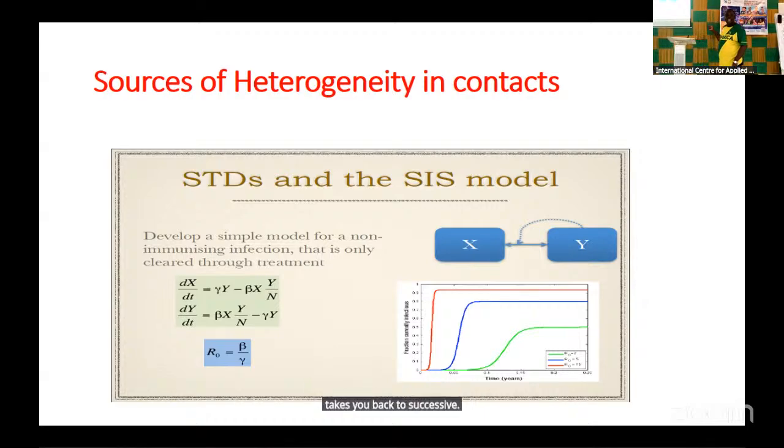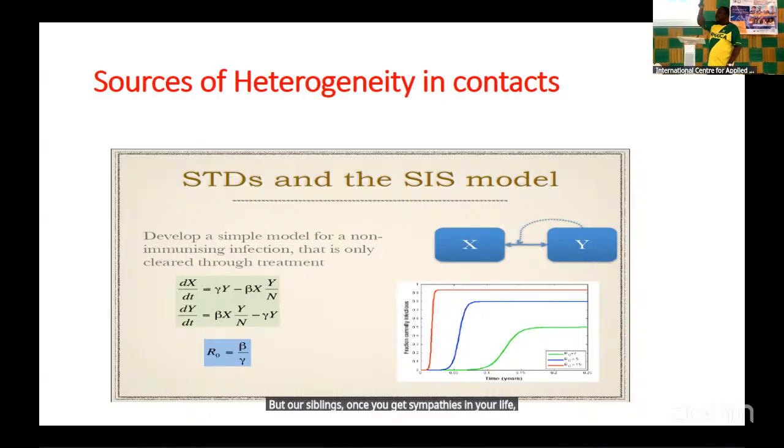That's why we call it SIS. You don't recover fully, you recover to become vulnerable, so you can still catch it again. Your recovery is not permanent. For any STD, whether syphilis or gonorrhea, you can't fully recover. You only recover to be vulnerable.